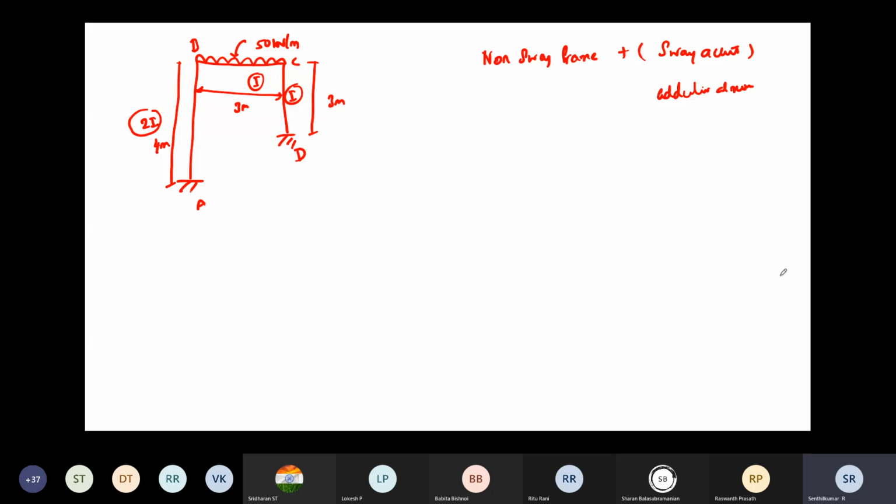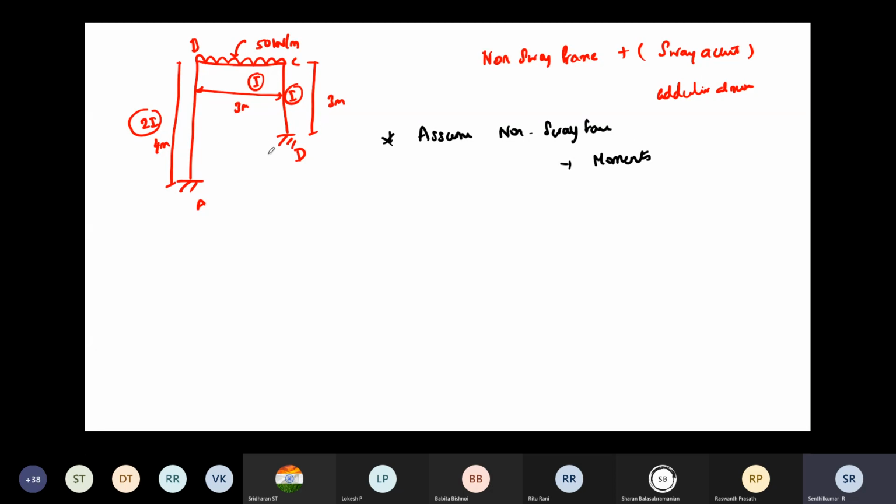First, we just assume this is a non-sway frame. Do the MDM procedure, the table, relative stiffness, everything, and find the end moments or final moments. Assume a non-sway frame and find the moments.